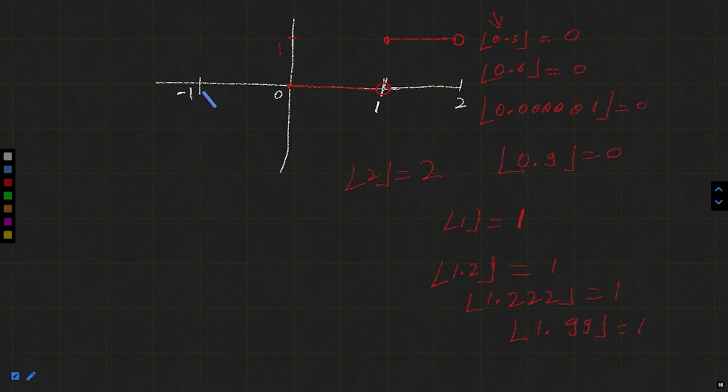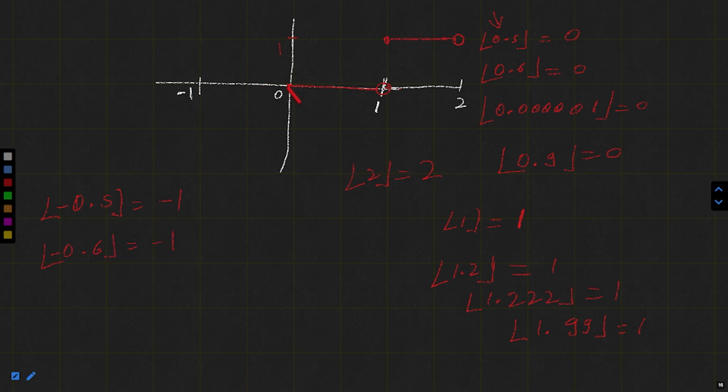But if you see at the negative axis, when the input is negative, what will you get? Suppose minus 0.5, your output will be -1. If minus 0.6, the output will still be -1.